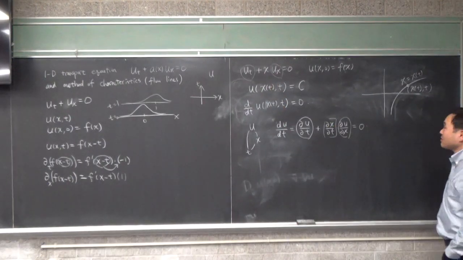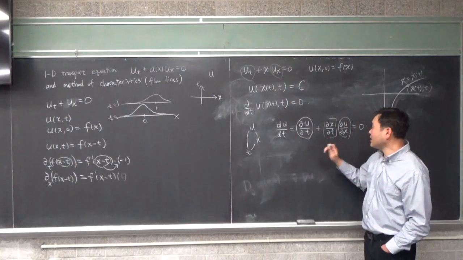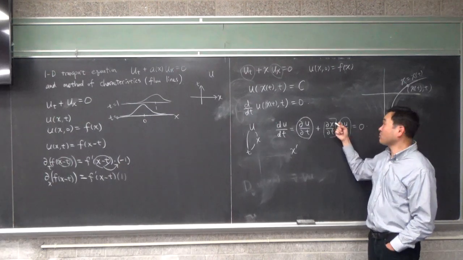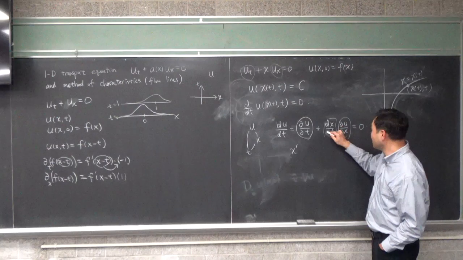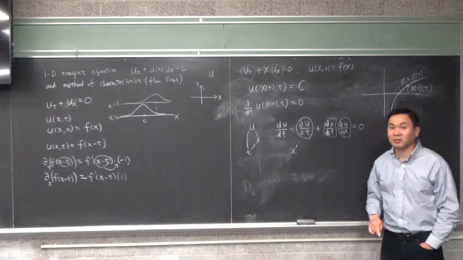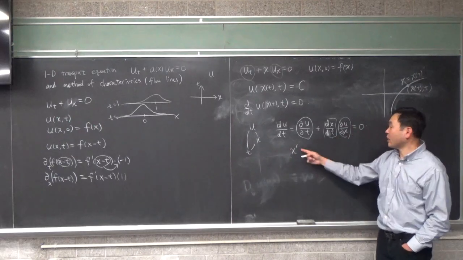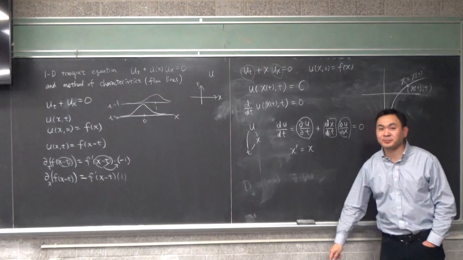So we see that the above equation will be exactly like this one if we had x prime equal to x. x is a function of t, so I wrote it as partial, but it's really dx/dt because x is not a multivariable function. It's just the regular derivative. So x prime is equal to x.